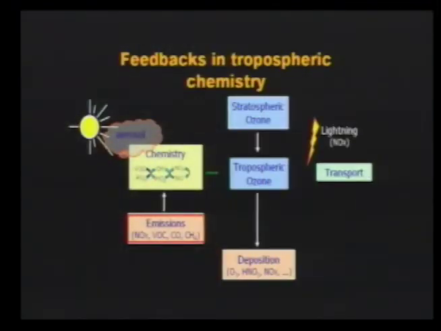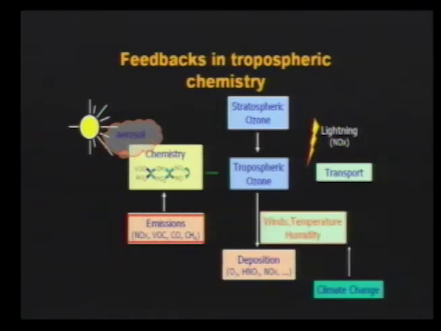Okay, quickly a few things on feedbacks, and I took here the ozone case. Again, if you look at tropospheric ozone, it depends on many things: the intrusion from the stratosphere, the precursors that photochemically produce ozone, of course transport also, and this depends on emissions and deposition.